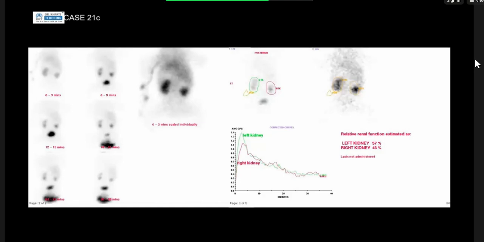On the right side, on the images as well as in the graph, I appreciate there is a delayed uptake as well as excretion with a decreased slope. That is also evident in the split function, which is reduced on the right side, at 43% against 57% on the left side. So this again demonstrates this obstructive cause on the right side.